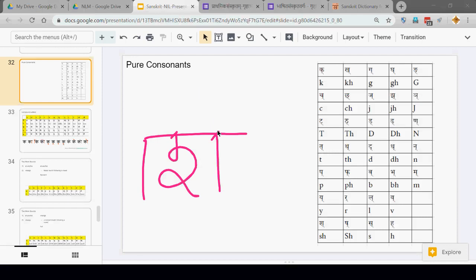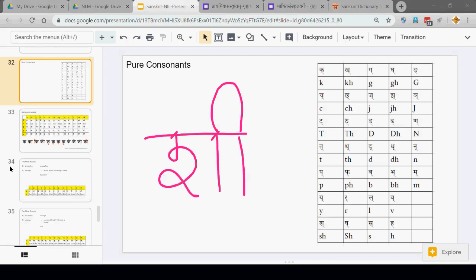Same thing we saw for the long ee: the vertical line after that, starting the loop at the top from the second part of that letter touching the horizontal line, and ending the circle at the added vertical line. The same thing applies to the aa part.